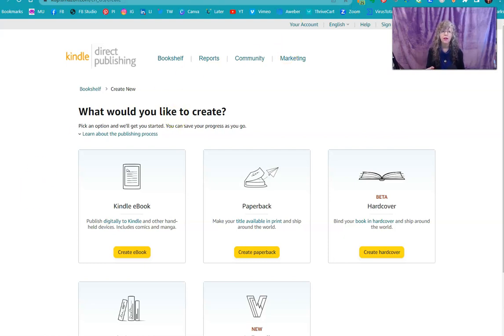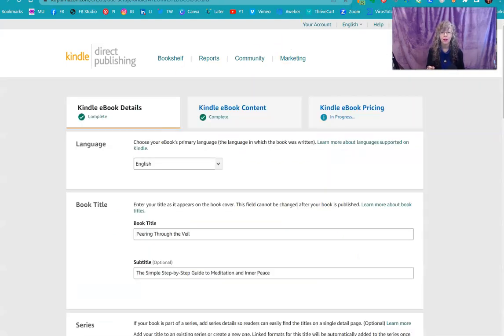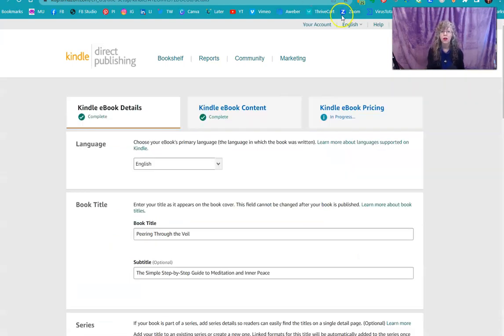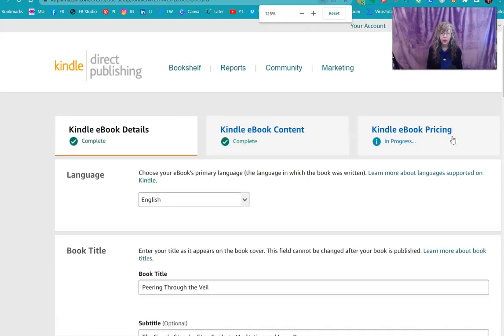All right, and I believe I have that already open. Yes. So if I said Kindle ebook, create an ebook, it would immediately take me to this page right here, this screen. And it asks you all these questions. Maybe I should make my screen a little bigger so you can see the questions better and see what's happening.